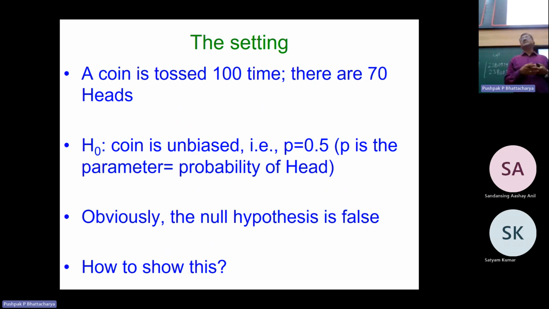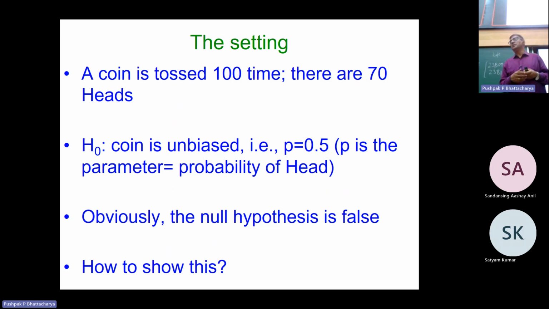That will give us confidence that the coin is unbiased. But since we have got 70 heads out of 100, we would like to prove that this coin is biased.